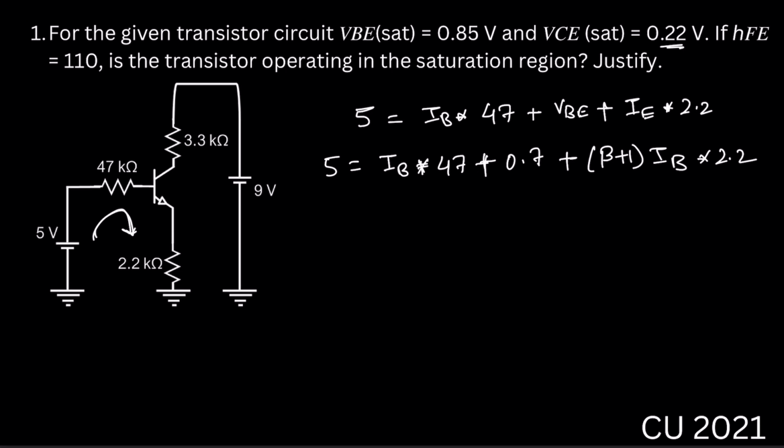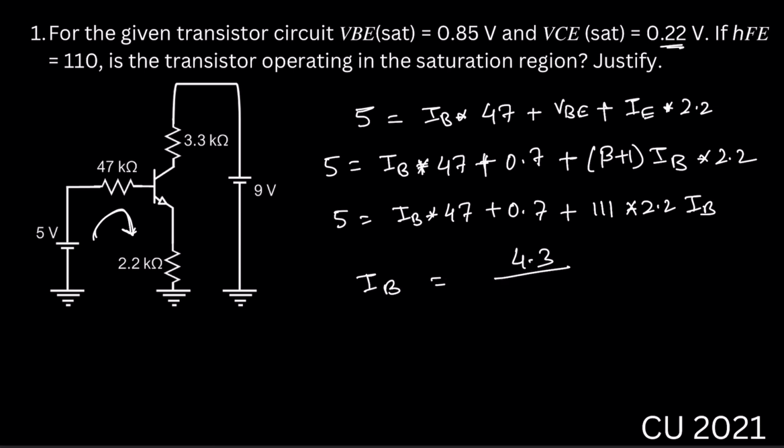So just go step by step. 5 equal to IB into 47 plus 0.7 plus beta, which is 110, so this will be 111 multiplied by 2.2 into IB. So IB equals 4.3 divided by 291.2, as 2.2 multiplied by 111 is 244.2, and plus 47 that will be 291.2.